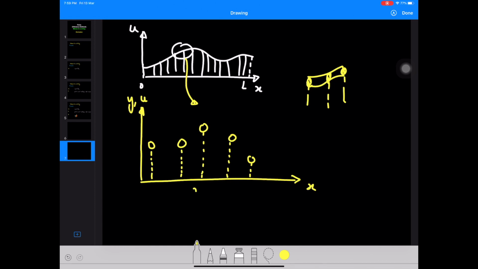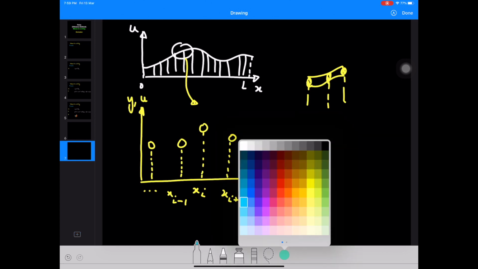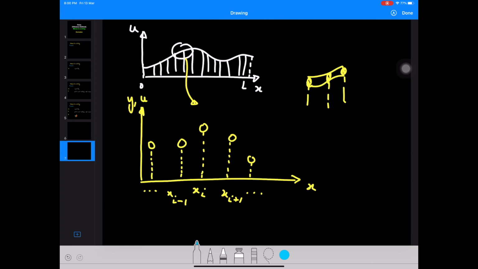So let's say this is xi, this will be xi minus 1, and this will be xi plus 1, and so on. Similarly, for the vertical position of the particle, for this mass, let's call this mass mi minus 1, and this piece has a mass of mi, and this piece has a mass of mi plus 1.